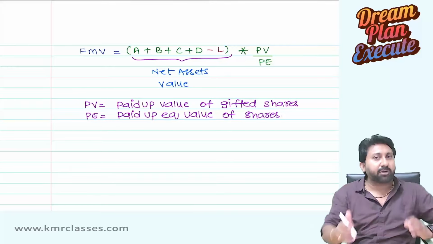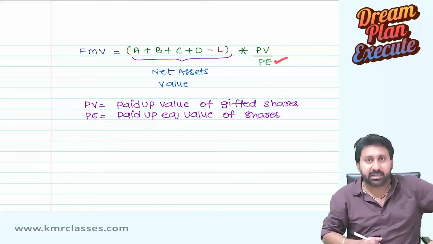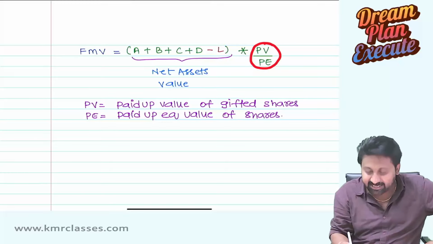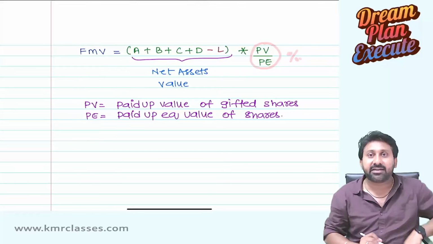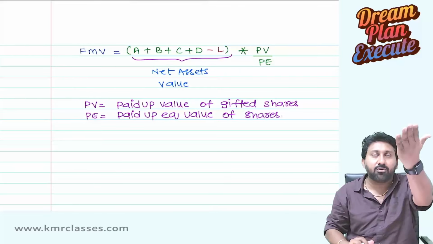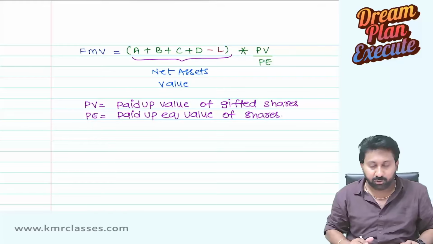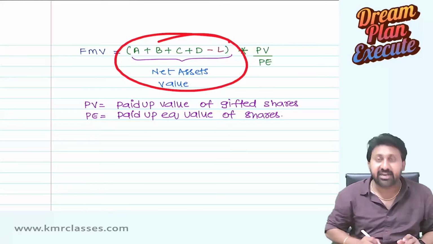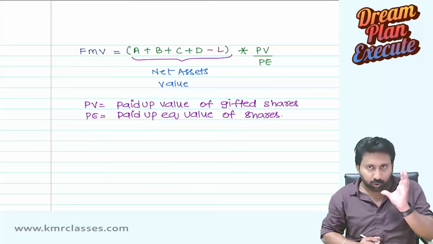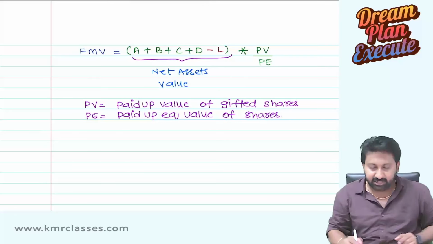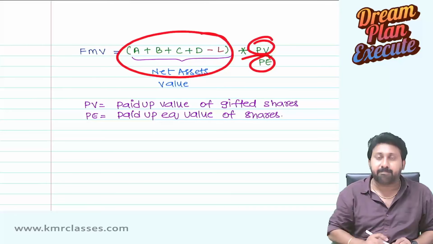Total equity capital of a company will come under PE. Simply to understand, this is the percentage of gifted shares value to the total equity shares paid up value. Understood? If this is the total net assets of the total company for PE value, for PV how much is it? So this into this divided by this.